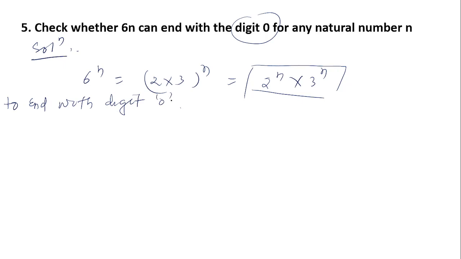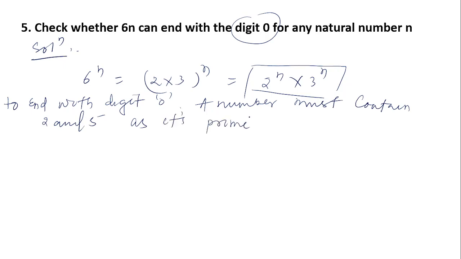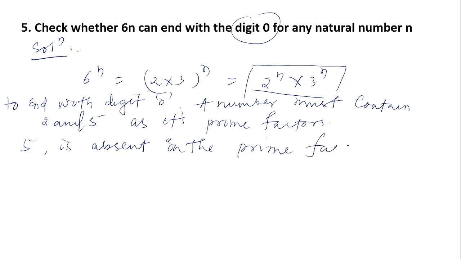a number must contain 2 and 5 as its prime factors. 5 is absent in the prime factorization of 6 to the power n.